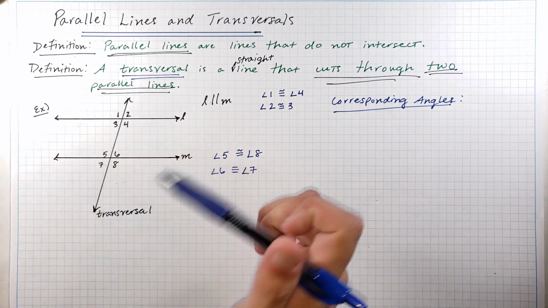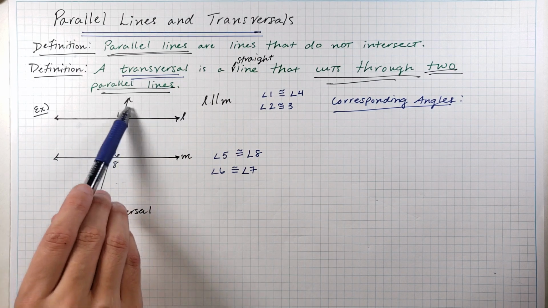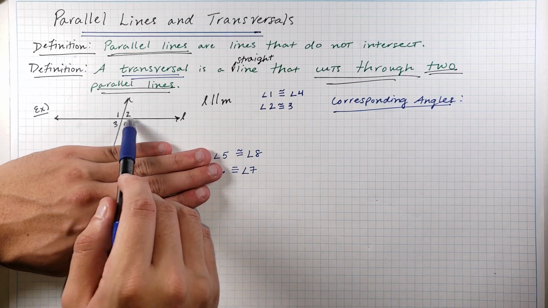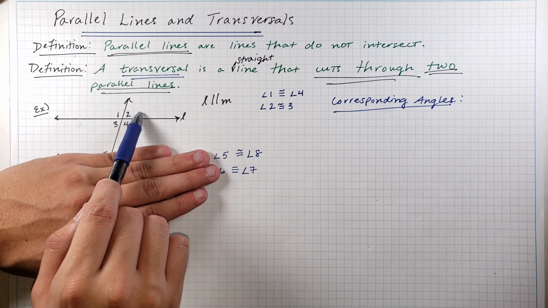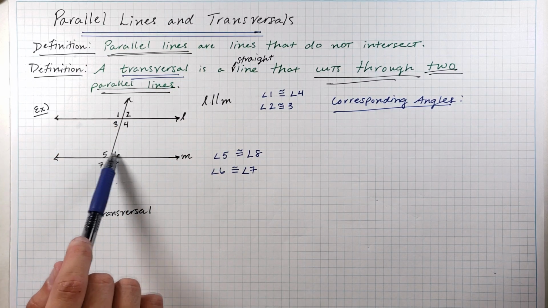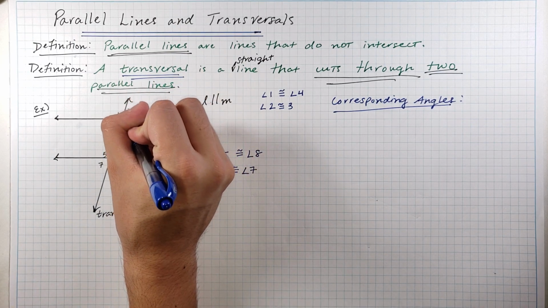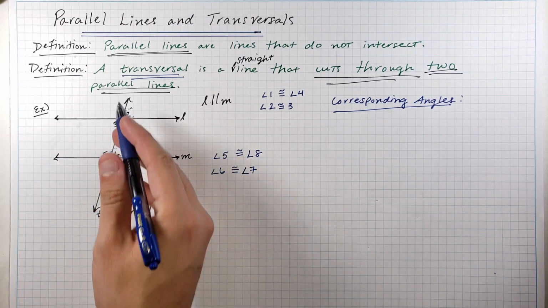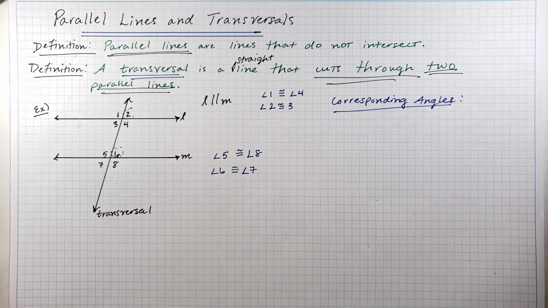For example, angle 2 is in the top right. If you told someone where angle 2 was, you'd say it's in the top right. And if you told someone where angle 6 was for this one, you'd say it's in the top right also for this one. So as you can see, angle 2 and angle 6 are in the same location, just in a different position, right?